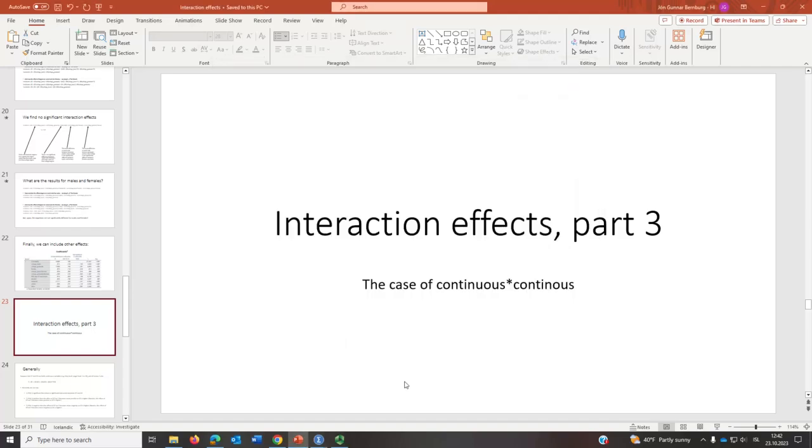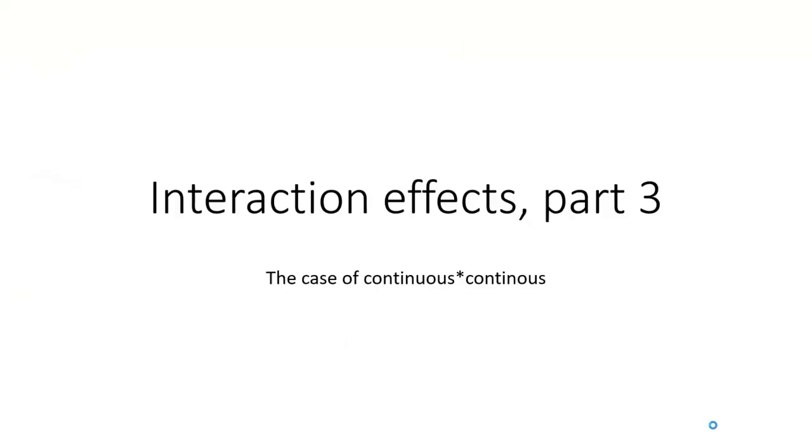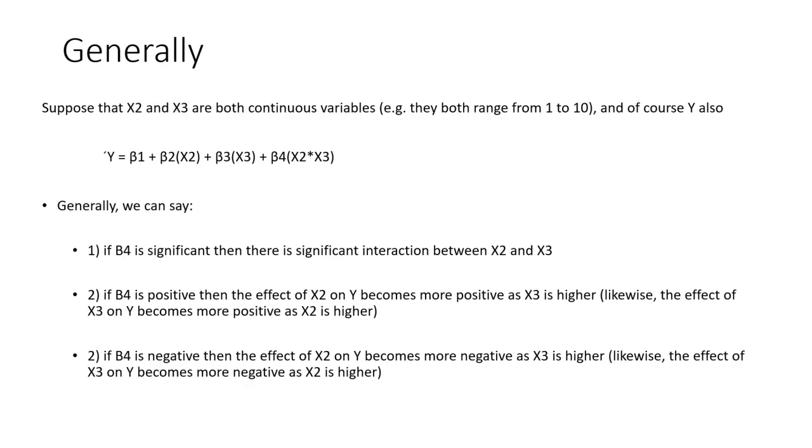So let's look at the final type of interaction effect. This is where we have to multiply a continuous variable with another continuous variable. Let's suppose that we have this simple equation where we have a dependent variable, which of course is continuous.